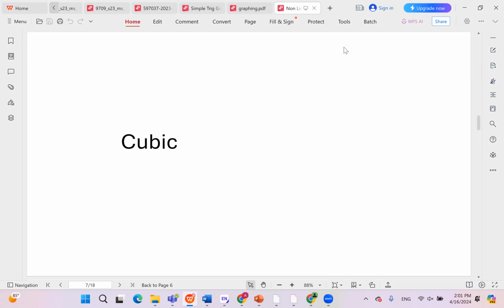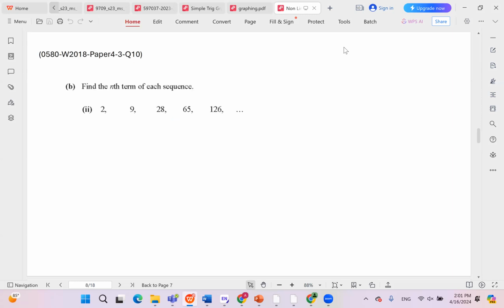Next, we move on to cubic sequences. Find the nth term of each sequence. So like I said before, you don't know in advance whether the sequence is going to be linear or quadratic or cubic. And the best way to test is to just figure out the operation we need to move from one term to the other.